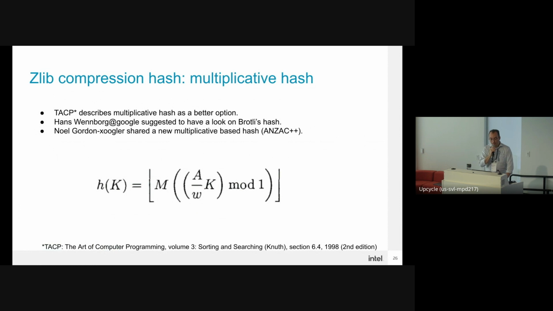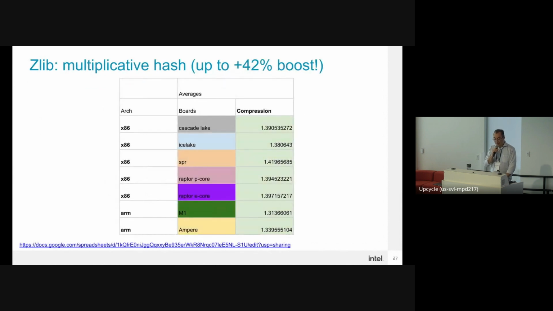But Donald Knuth also describes the multiplicative hash as a better option. And Hans Wennborg suggests that we should have a look at Bertolli's hash, that is a multiplicative hash. And Noel Gordon shared a pretty interesting hash he called ANZAC++. And these are the results of leveraging this faster hash.